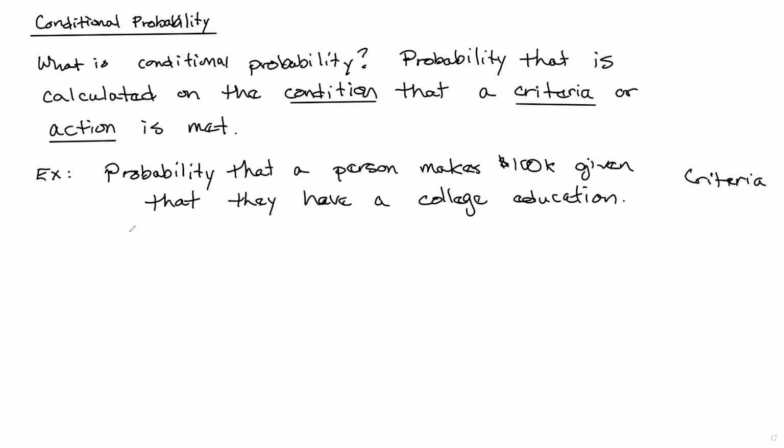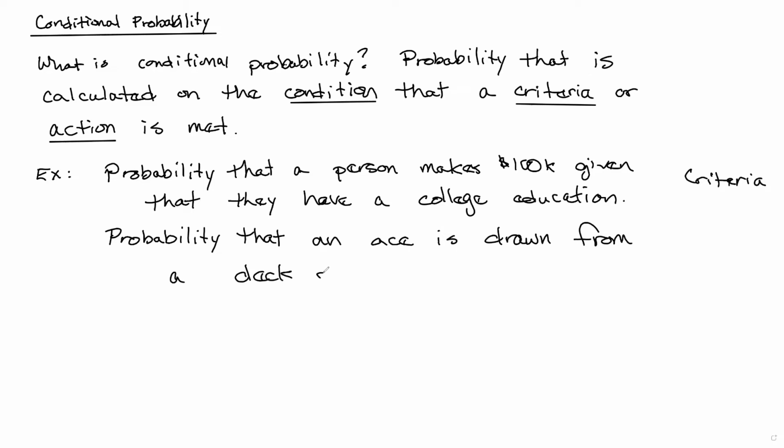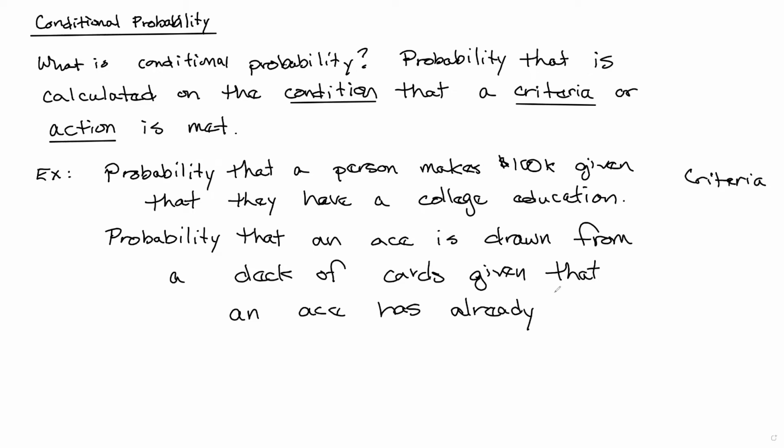The other type is based around an action. That might be something like the probability that an ace is drawn from a deck of cards, given that an ace has already been drawn from the deck.